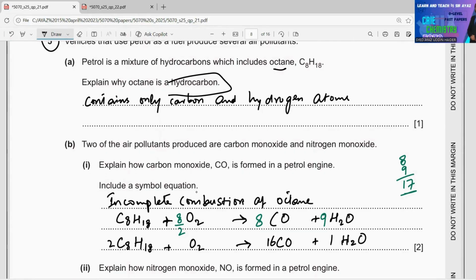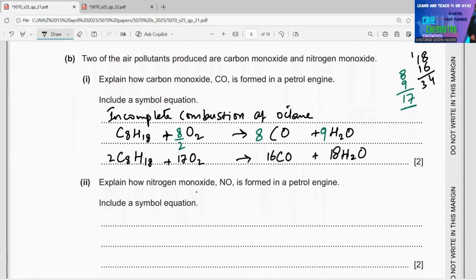I have to place 18 before H2O. Both hydrogen and carbon are balanced. What about oxygen now? 18 plus 16, 34. So we need 34 atoms of oxygen. So you'll write 17 before O2. Now it's balanced. You can use either of these equations.